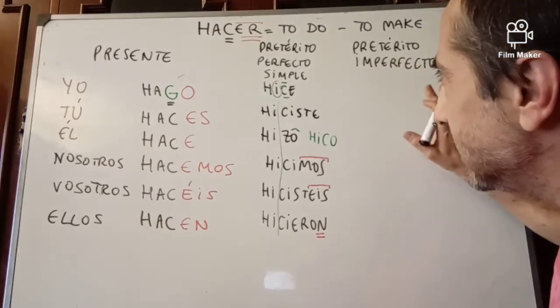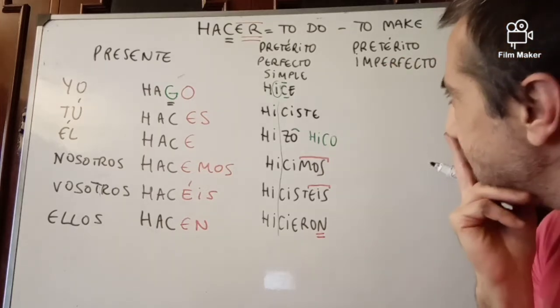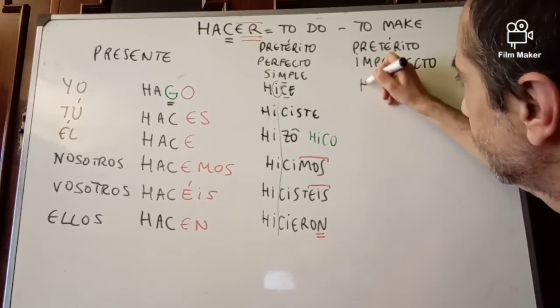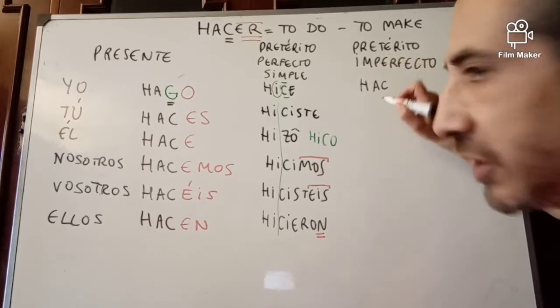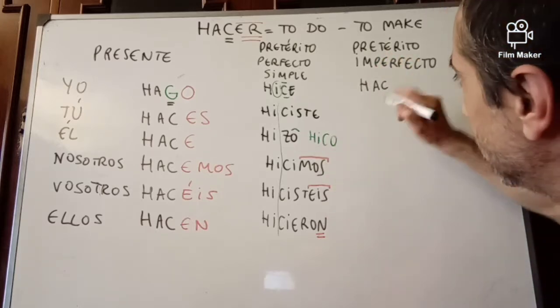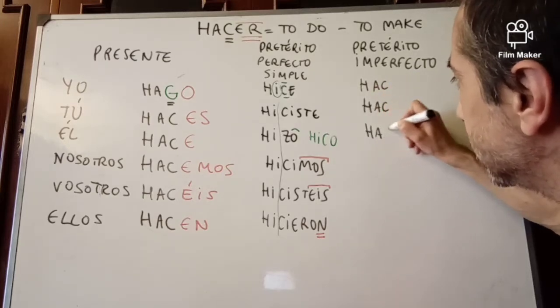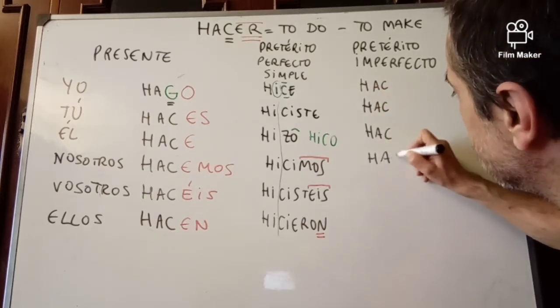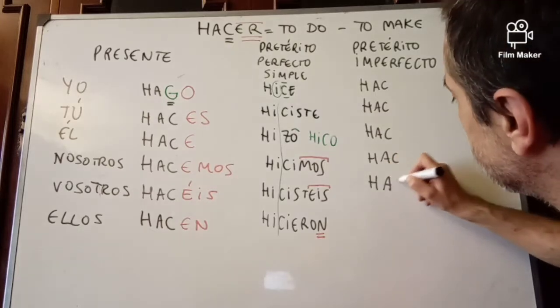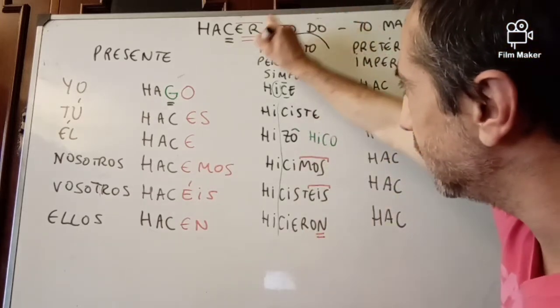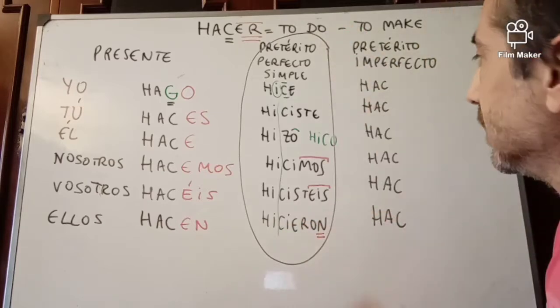In this case, it's easy because it's not irregular in the pretérito imperfecto. So let's write the root first. I mean, the most difficult is this one, by far.